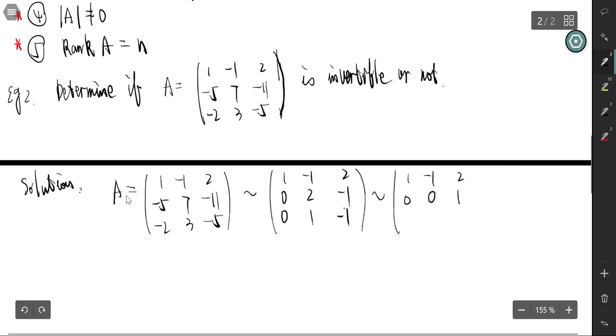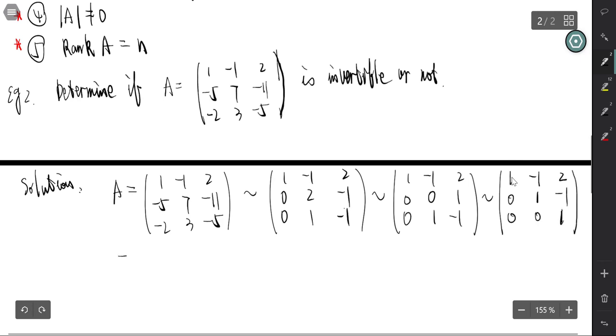That's 1. 0, 1, -1. Interchange the third and the second row. That is 1, -1, 2, 0, 1, -1, 0, 0, 1.